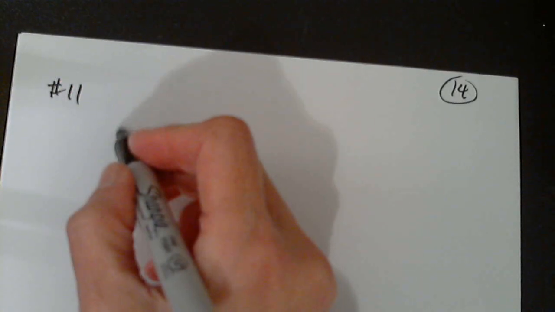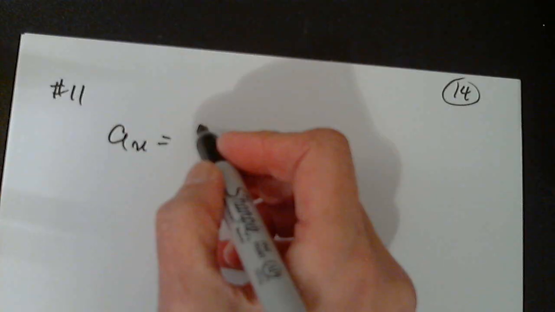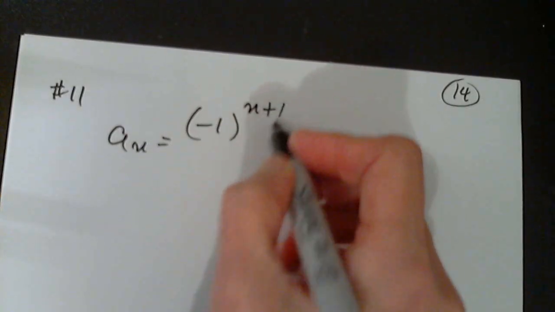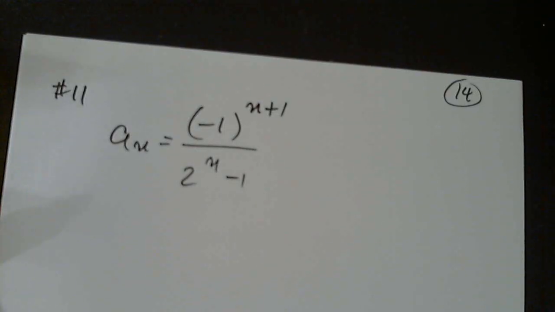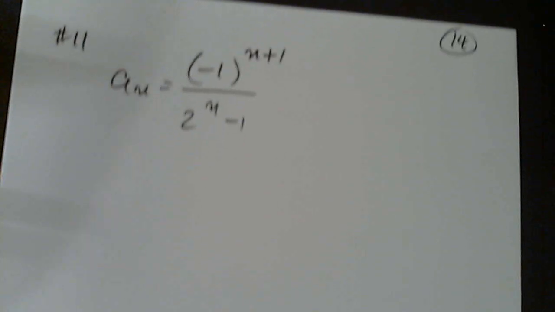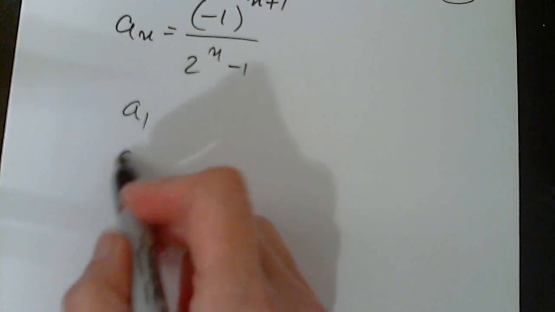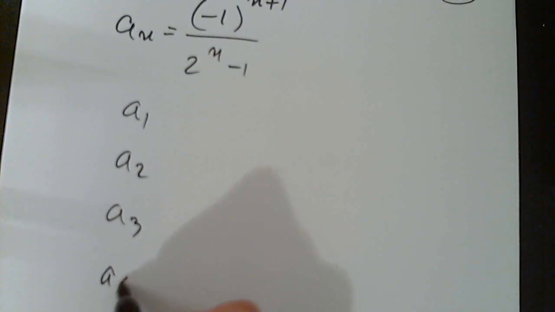Good. 11 has a sub n equals negative 1 to the n plus first power over 2 to the n minus 1. Perfect. They look very complicated, but there is nothing to it. A1, A2, A3, A4.